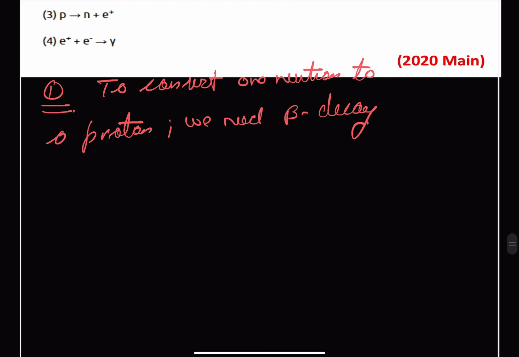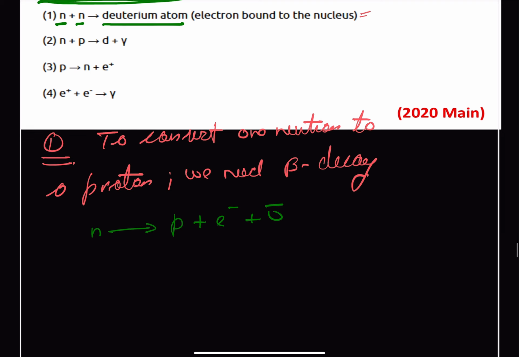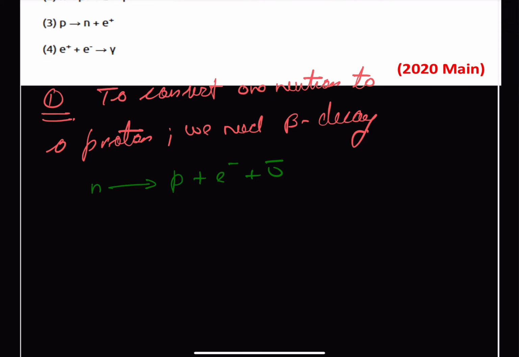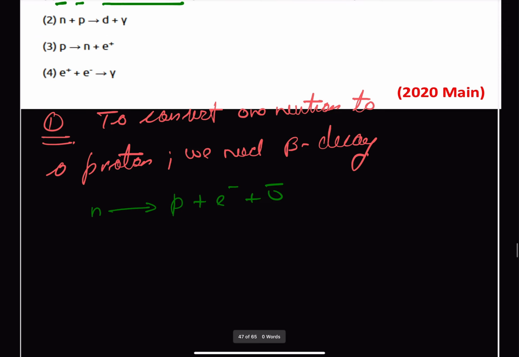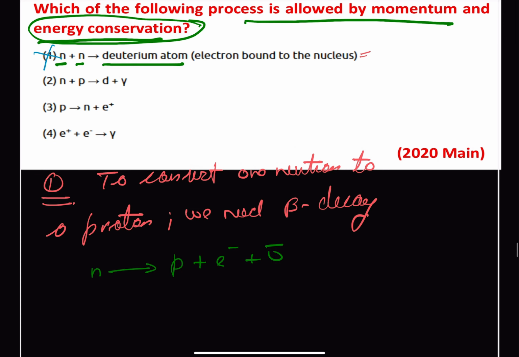So in terms of reaction, we can write that the neutron will be converted to our proton, this electron, and we are going to have our anti-neutrino. So the reaction that is given to us does not satisfy our energy conservation. Therefore this option 1 is incorrect.